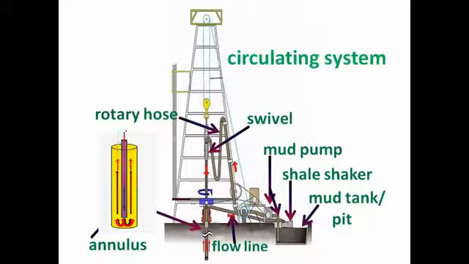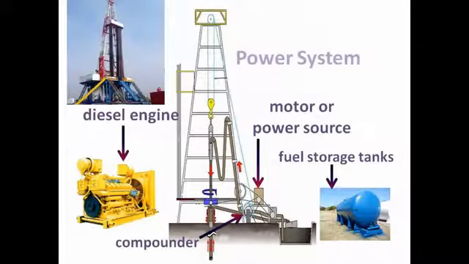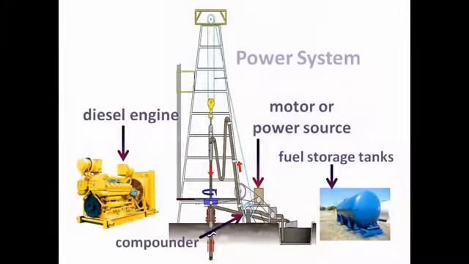Between the drill pipe and the borehole wall, there is a space called the annulus that is also part of the circulation system. The power system consists mainly of diesel engines that run electric motors, fuel storage tanks, a compounder made up of pulleys, belts, shafts, gears, and chains, and on some newer rigs, a silicon-controlled rectifier, or SCR.